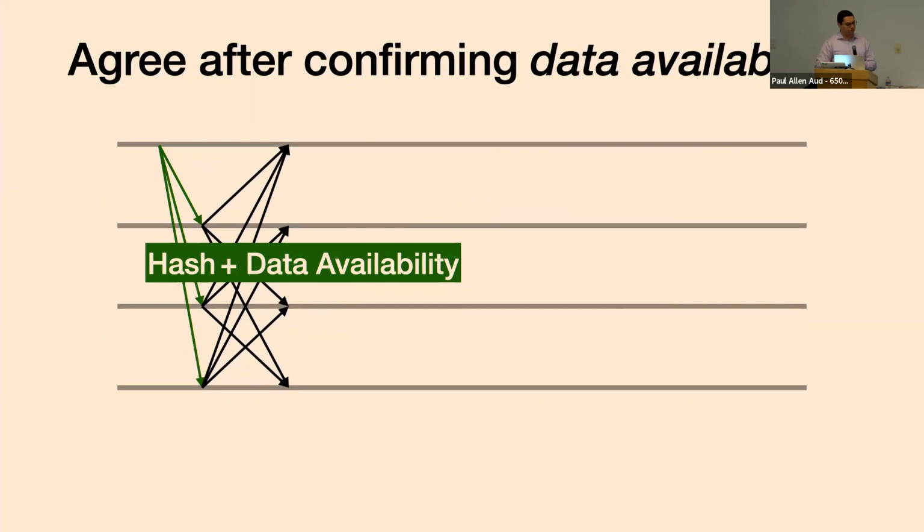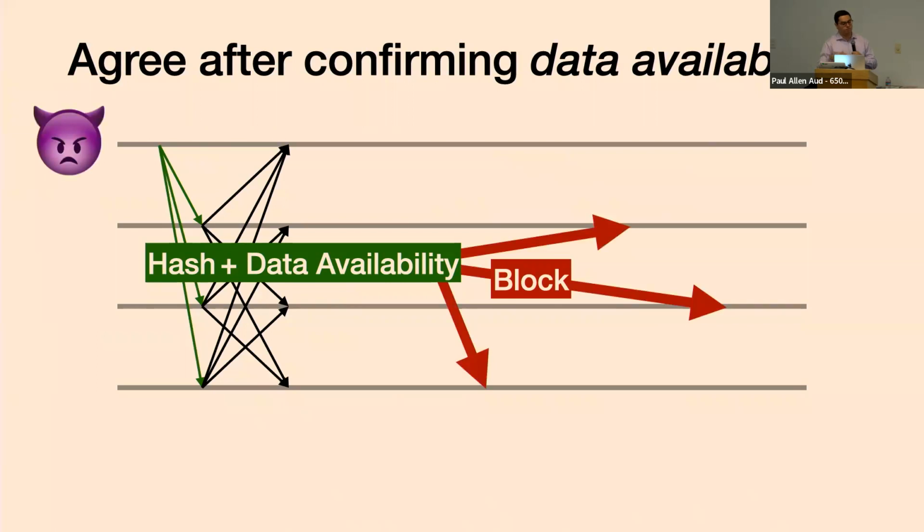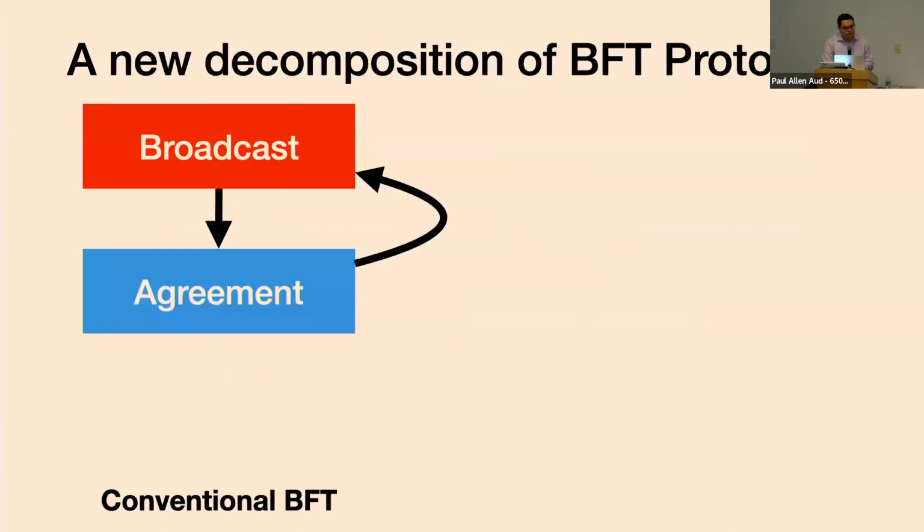So if nodes can agree about data availability, they can proceed and later download the blocks, and this would ensure that they can each download the block at their own pace. But the key is to only make progress once you know that the block is available, and that's the basic approach that I'm going to talk about.